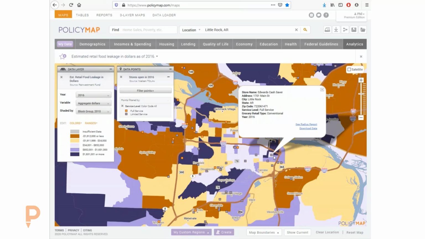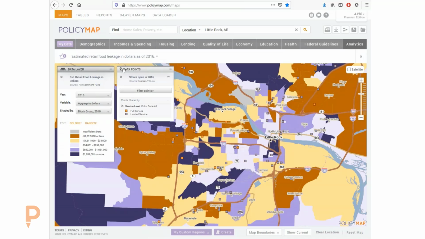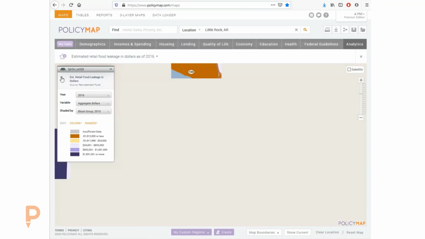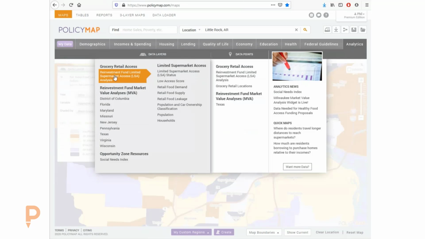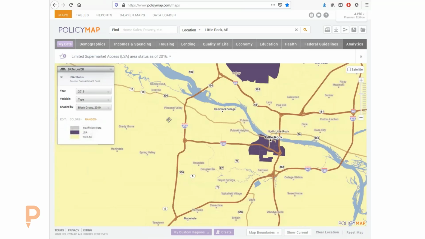So this little place right here, this Edwards Cash Saver. A neat little story, I guess, because as I was doing an update to my presentation for you, now that we have the longitudinal data, you can actually go back in time and see that in 2010, that was all an LSA.